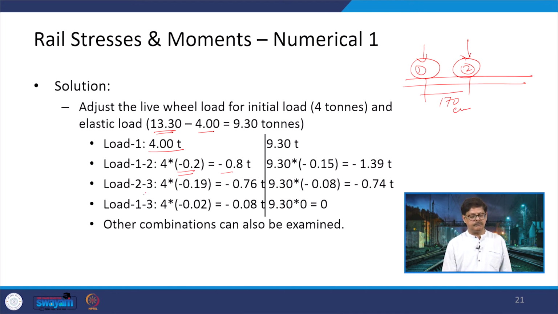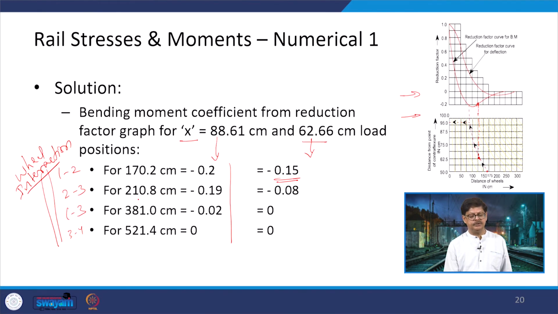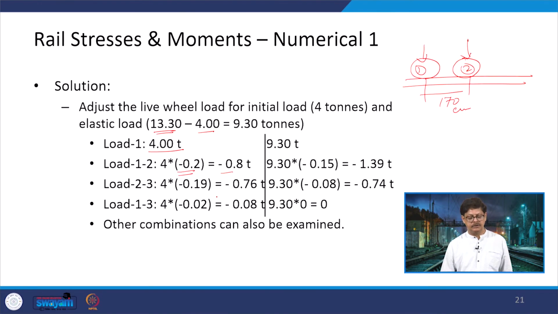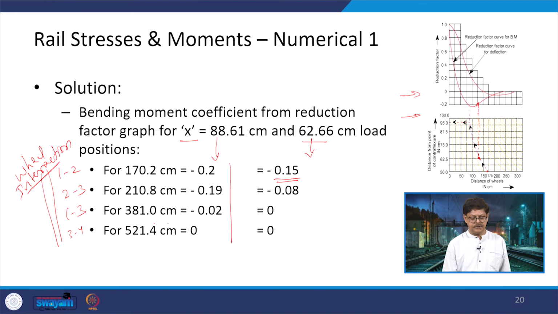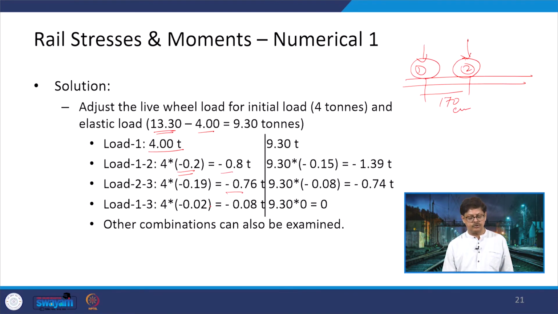Similarly, if you are talking about 2 and 3, the distance between 2 and 3 is 210 and the factor is minus 0.19. So, minus 0.19 into 4, you get minus 0.76 tons, and similarly in the case of 1 3, it is 0.02 negative. So, this 0.02 negative is being taken with 4 for 1 3 and what we get is minus 0.08.